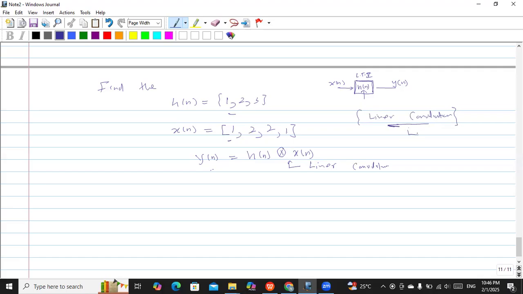I will give you one example related to the linear convolution, then you can see the steps. This is not much difficult, very easy. Now what I want to tell is that if we are asked to find the response with respect to xn, you can directly get the linear convolution.